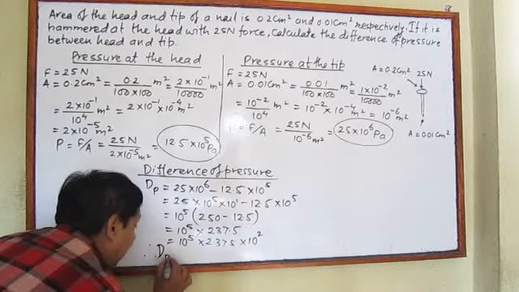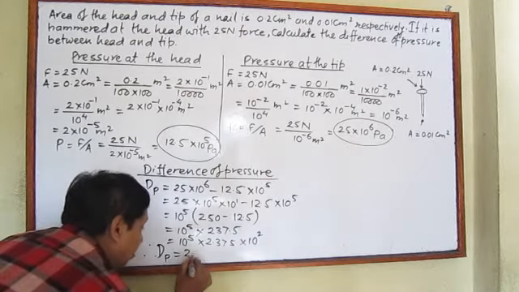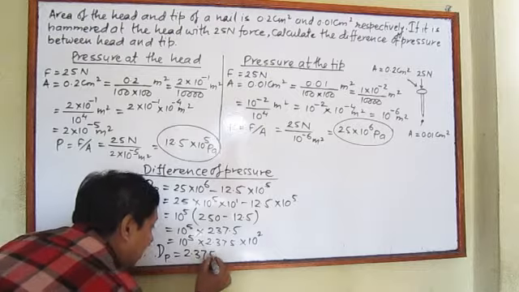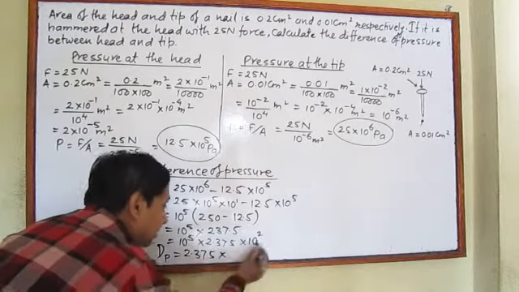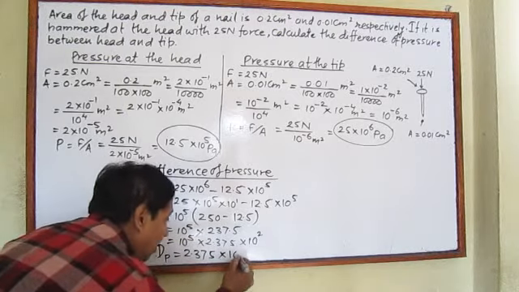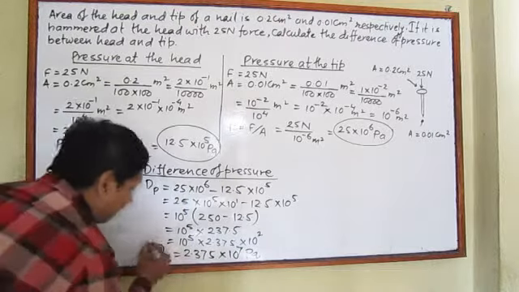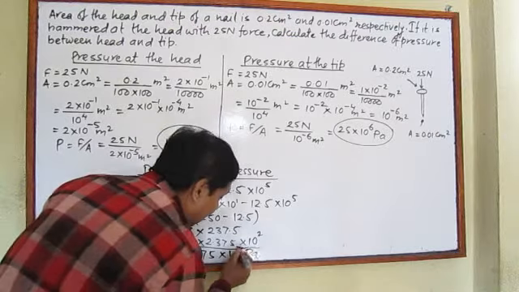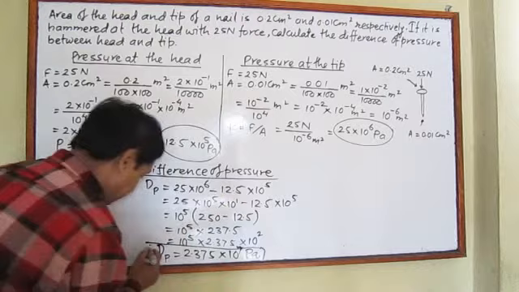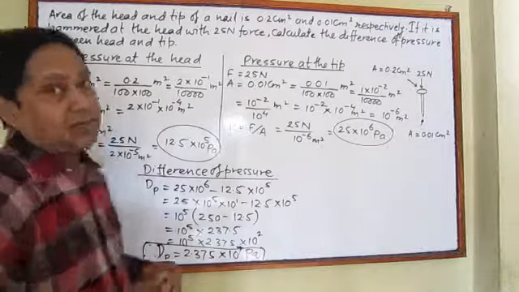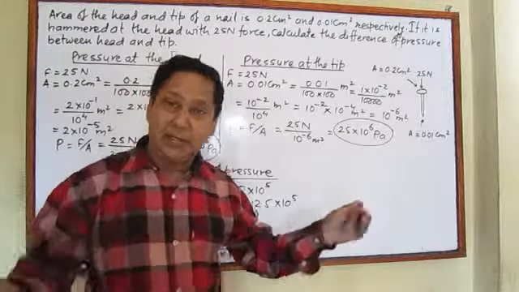Difference of pressure is equal to 2.375 into 10 to the power 7 Pascal, with the same base powers combined. This is our last answer. Thus, we can calculate the difference of pressure.